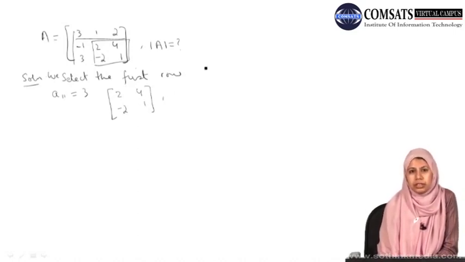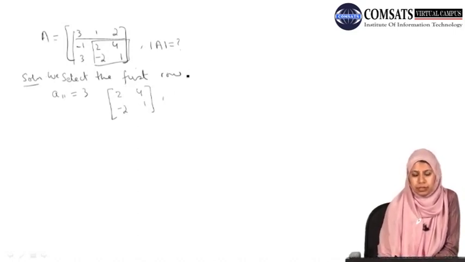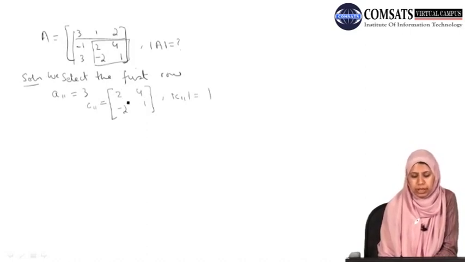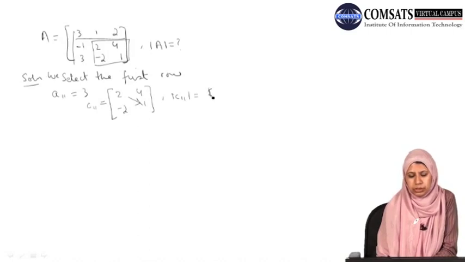Then we have to find the determinant of this submatrix. We call it C11. The determinant of C11 is nothing but the determinant of a matrix of order 2 by 2, that is the product of the main diagonal, which equals 2 into 1 minus the product of the other diagonal, that is -2 into 4.